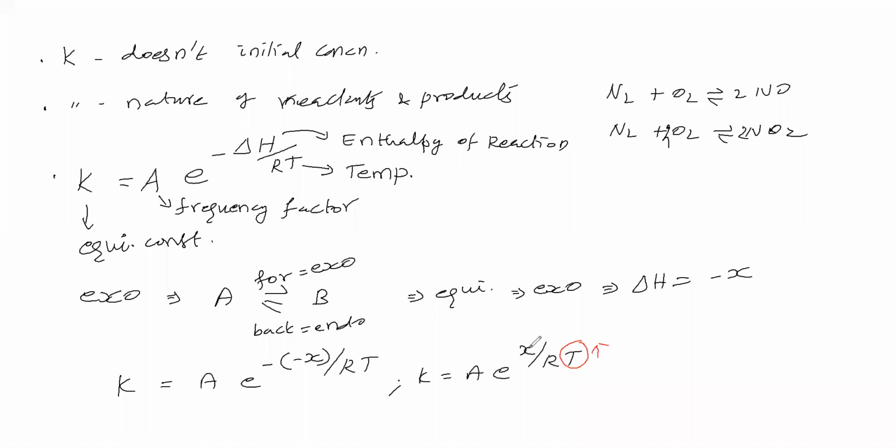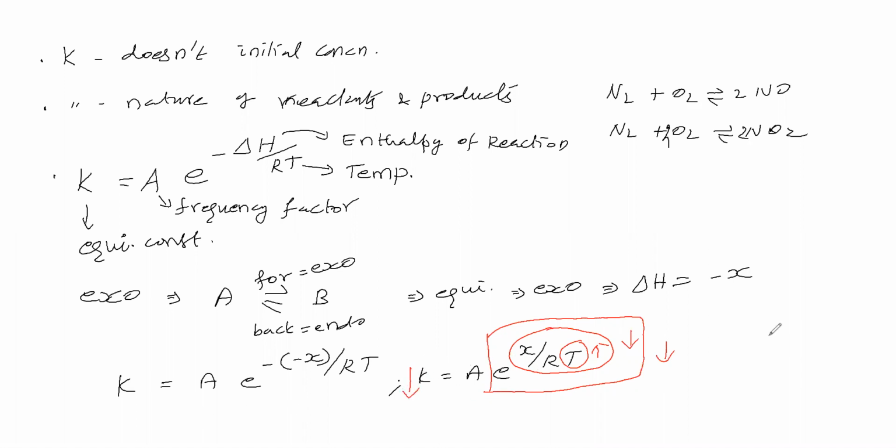R is constant, X is some amount of heat, that is also a constant value. Therefore, if you raise the temperature, X by RT decreases. Therefore, e power X by RT decreases. Therefore, we can say K decreases, equilibrium constant decreases.